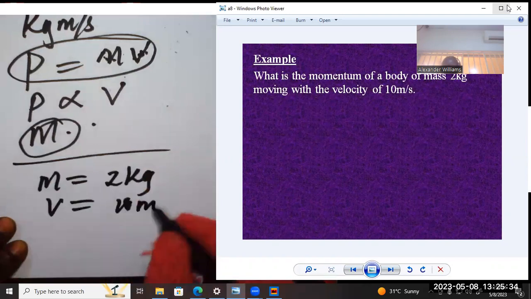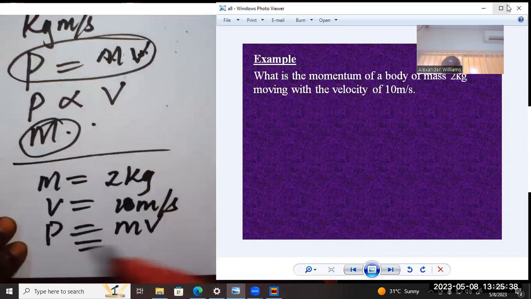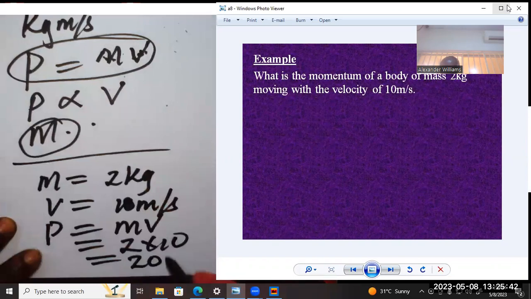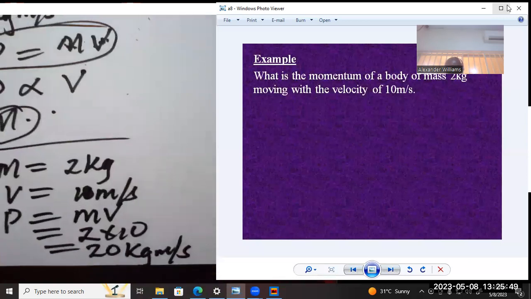The momentum, which is mass times velocity, will become 2 times 10. That gives you 20 kilogram meters per second. Remember, the unit of momentum is kilogram meters per second.